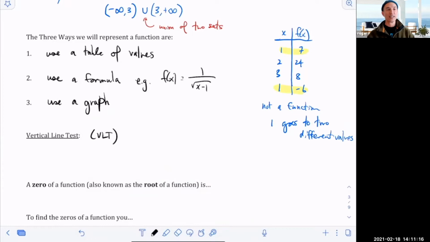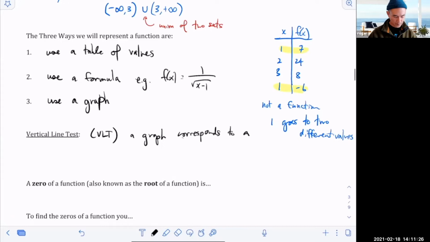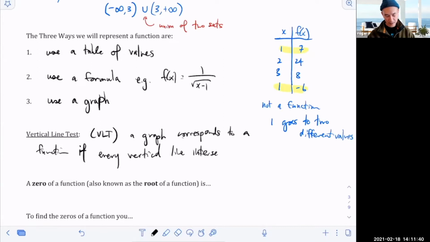And the vertical line test basically says a graph corresponds to a function if every vertical line intersects the graph at most once.